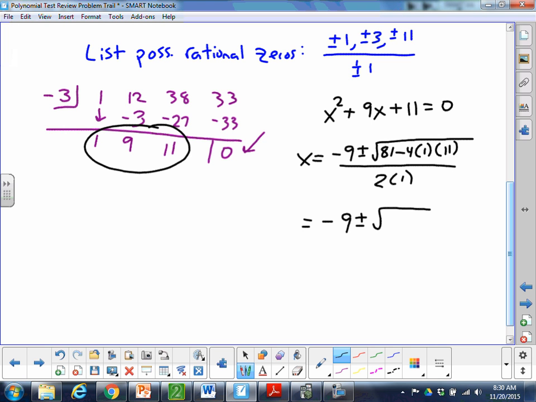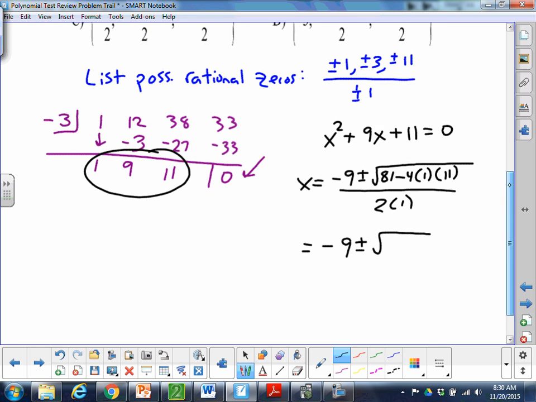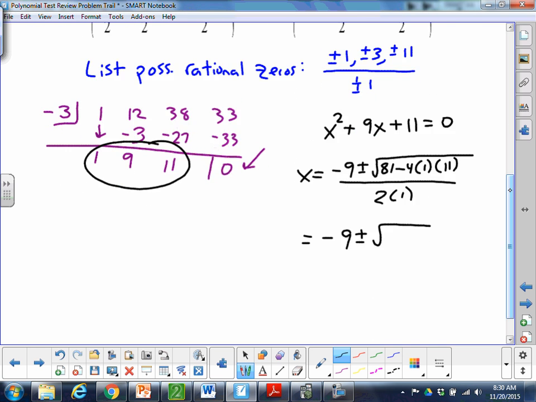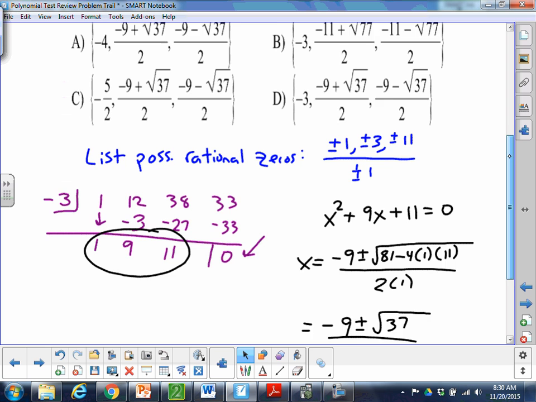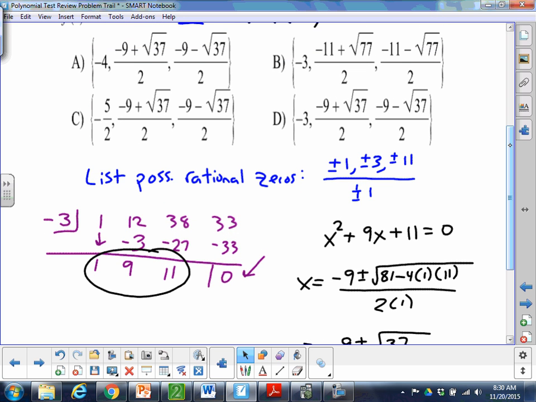So 81 minus 44 is 37. Yep, okay. Sorry, it's early. All over 2. So that looks like our answer: -9 plus or minus root 37 all over 2, and then the first one we had gotten was -3. So it looks like D should be the answer.